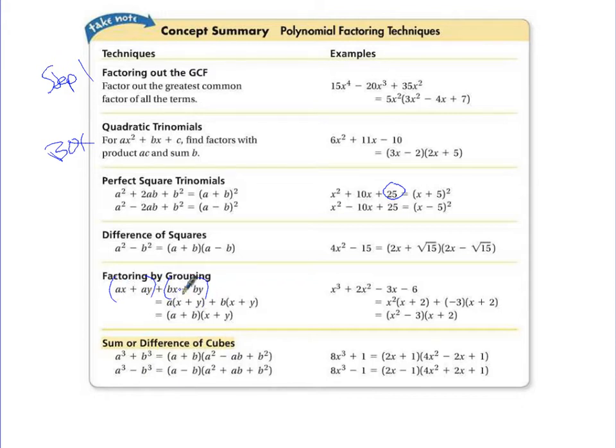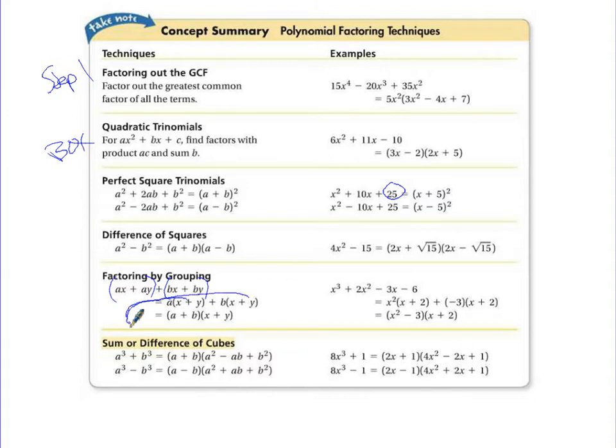In this one, we factor out the GCF, in this case is B, which gives us B out front times the x plus y. And then within these two terms, we have A times x plus y plus B times x plus y, which makes this a GCF of these two outer big terms that we have, which means we can pull the x plus y out front completely and write what's left over.